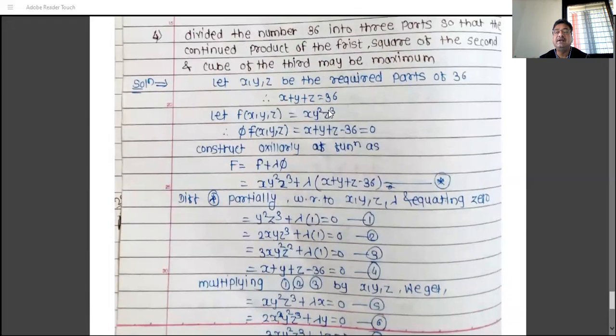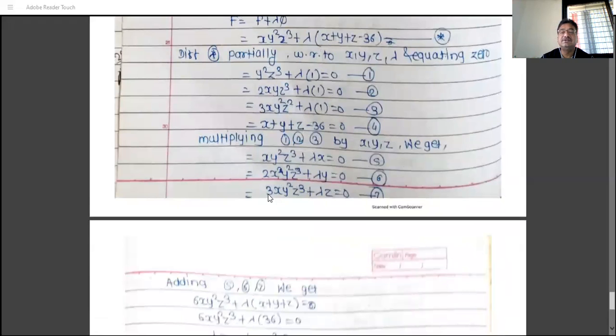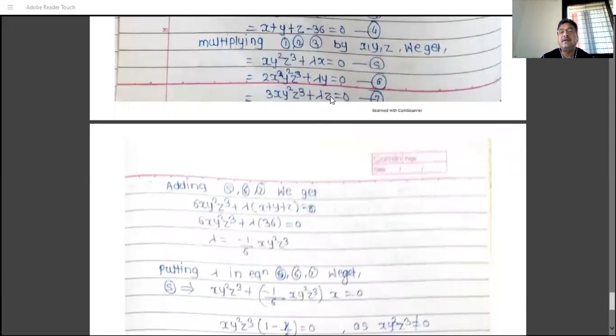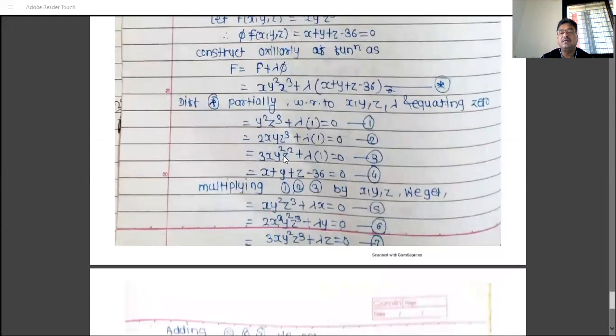And with respect to z, the derivative is 3x y square z square plus lambda into 1. And then x plus y plus z minus 36 is equal to 0, that is the differentiation with respect to lambda, which is the given condition.